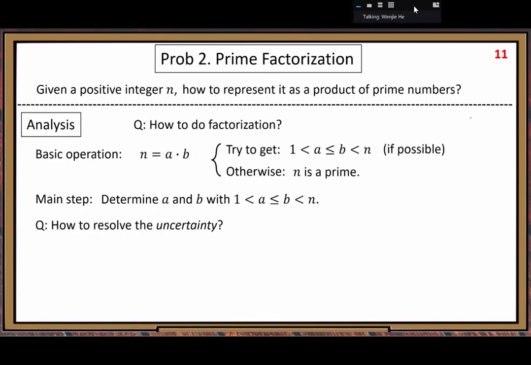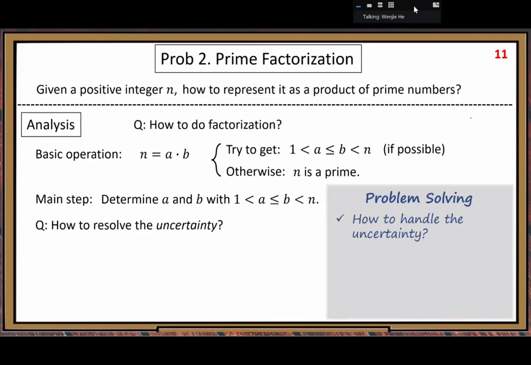All right. So now we get to this problem solving part. How to handle the uncertainty. That's the general question in our problem solving. Because for us problem solvers, we don't like uncertainty, right? People like certainty, not uncertainty.